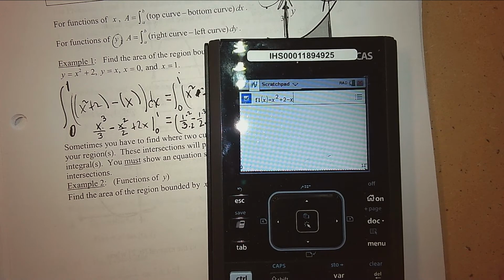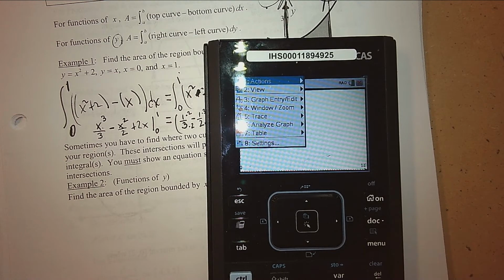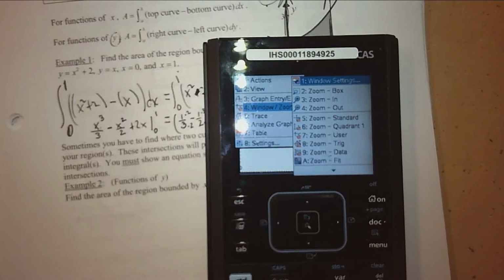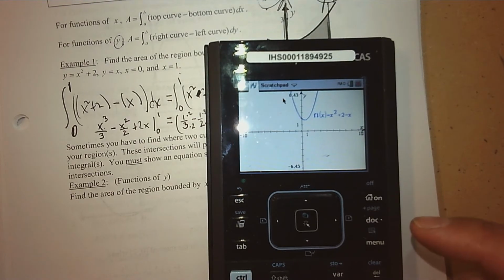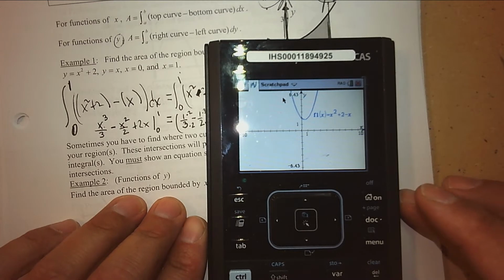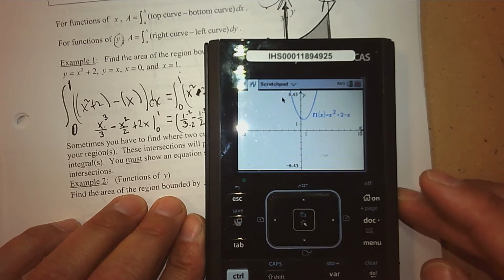Sure you can. X squared minus x plus 2. I want you to notice that when you subtract and put them together, what do you notice? Is that together they make a parabola, right?